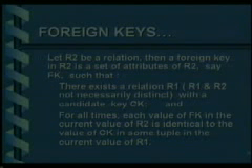So in R1 there is a candidate key called Ck, and in R2 there is a foreign key called Fk. And what is the constraint? For all times, each value of Fk in the current value of R2 is identical to the value of Ck in some tuple in the current value of R1.